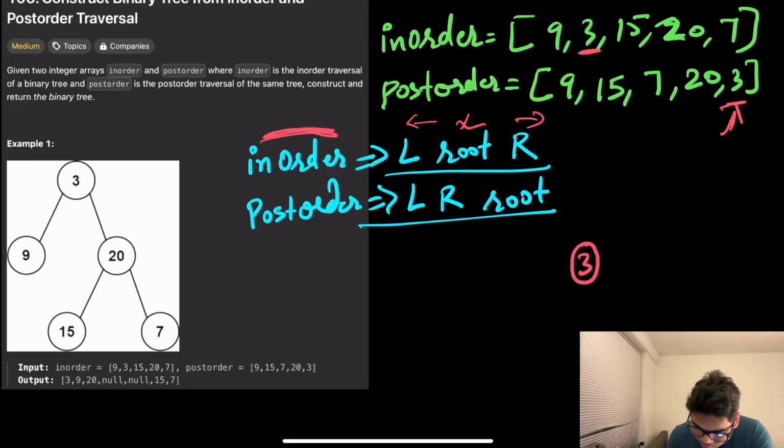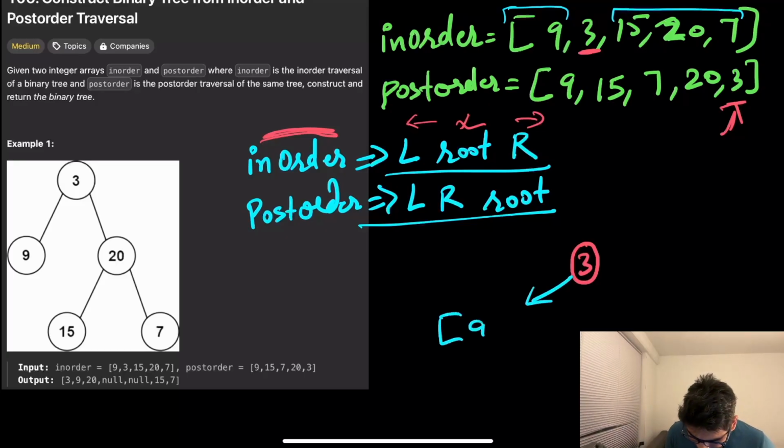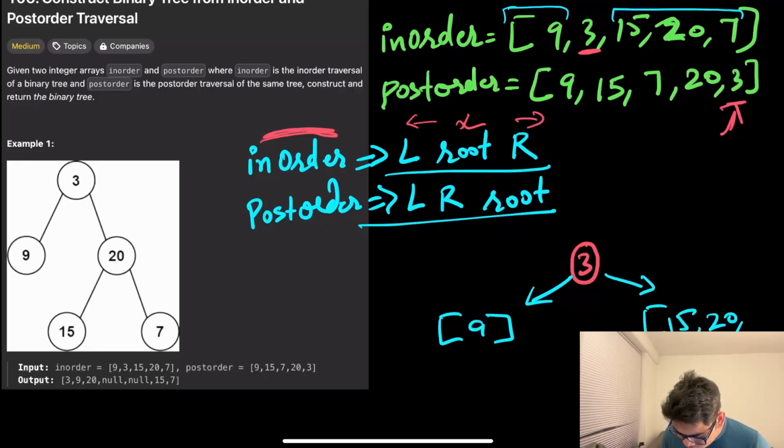So now this subarray we will be using to make the left subtree of this root 3, and then the remaining subarray would be used to make the right subtree. That's quite simple. So basically this side we will have 9, and this side we will have 15, 20, and 7.